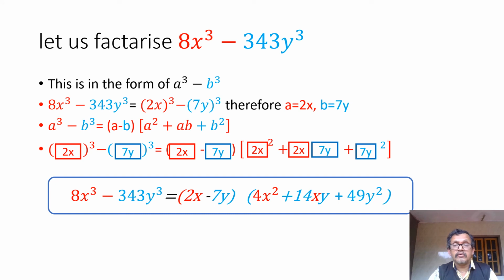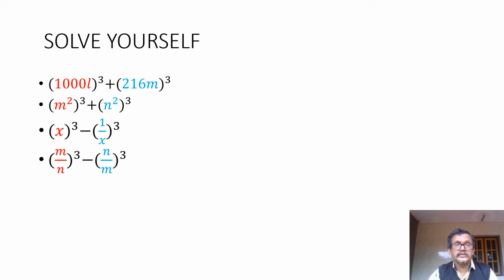Now I will give some problems on this. Solve yourself: 1000 l whole cube plus 216 m whole cube. Think yourself, this is a, this is b. Then m squared whole cube, n squared whole cube.